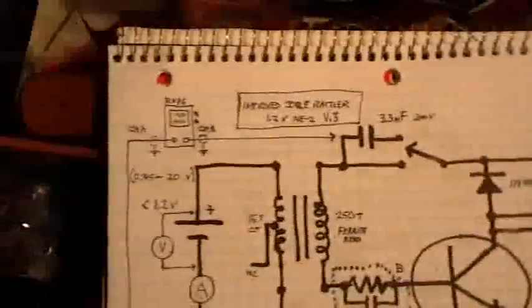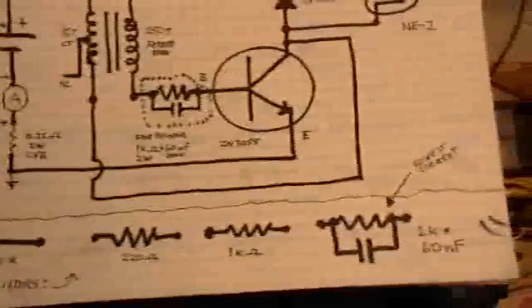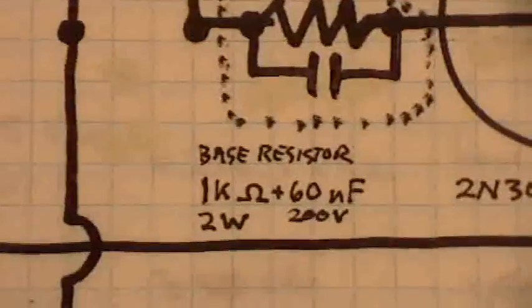Okay, so that's how we're monitoring input power, and then our output voltage. And for the base resistor I'm using this combination here.